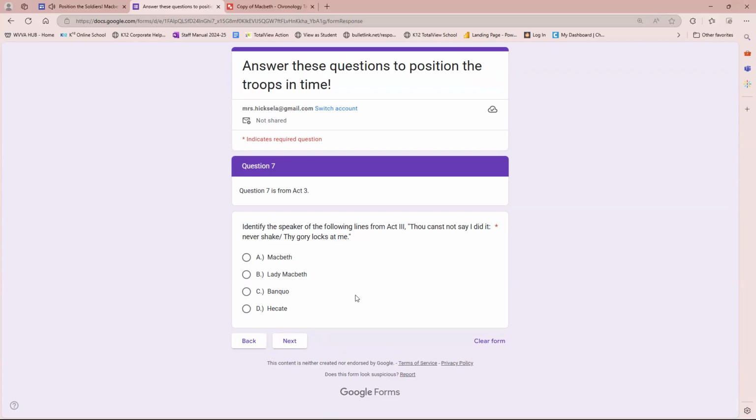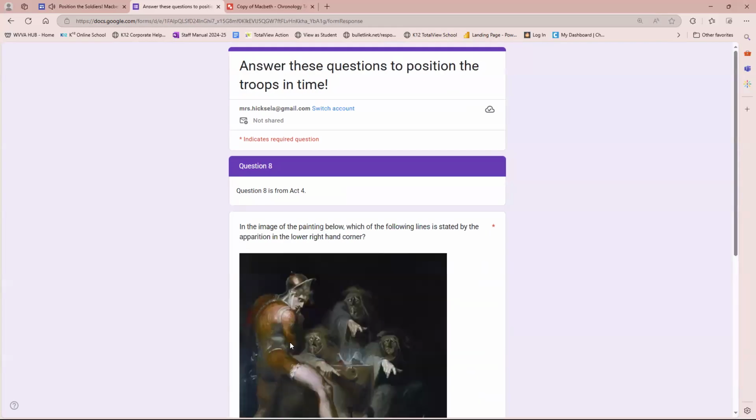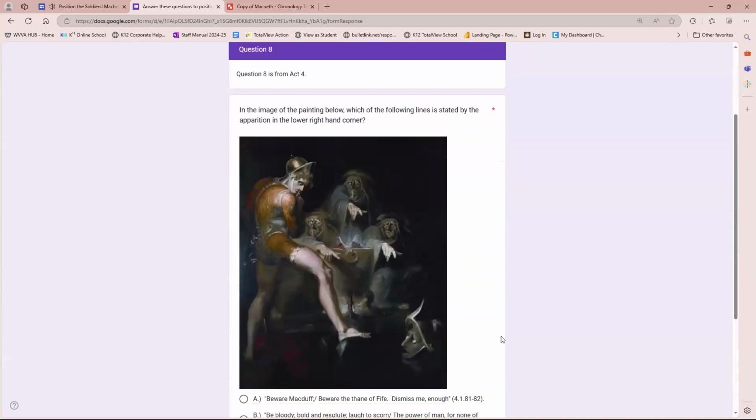Identify the speaker of the following lines from Act 3. "Thou canst not say I did it; never shake thy gory locks at me." So Macbeth. Yes, Macbeth says that when he sees Banquo's ghost, because Macbeth says he didn't physically kill him, he had him killed.